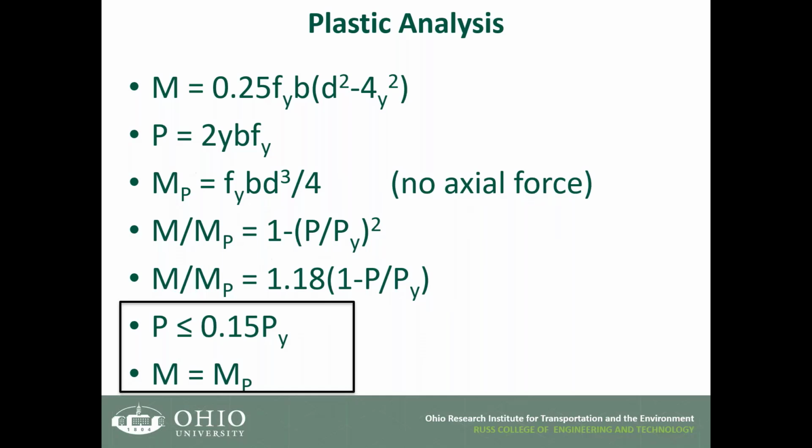So what's happening is that in the bending moment plastic analysis, you will have a bending moment and the thrust. You could see this equation shows how you calculate the bending moment and how you calculate the thrust.